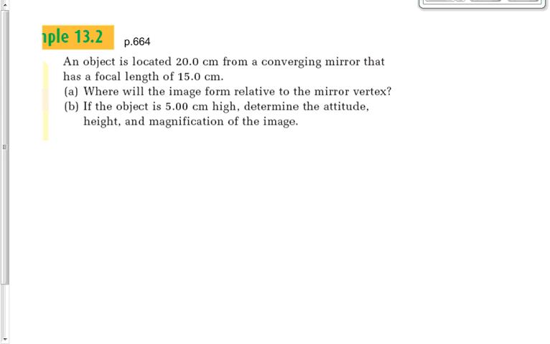The very first thing that I want to do, even before I circle my givens here, circle this. It's a converging mirror. It's a concave mirror. What do we know about the focal length of a concave mirror or a converging mirror? Positive.